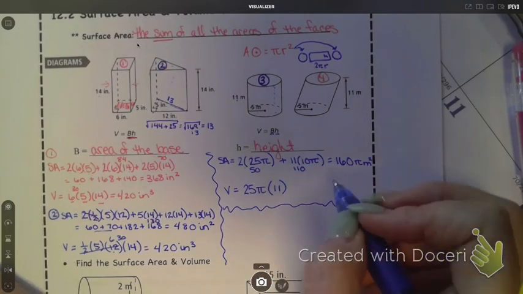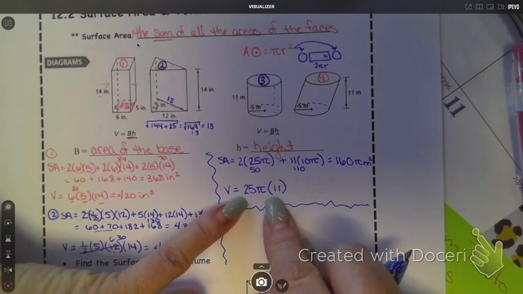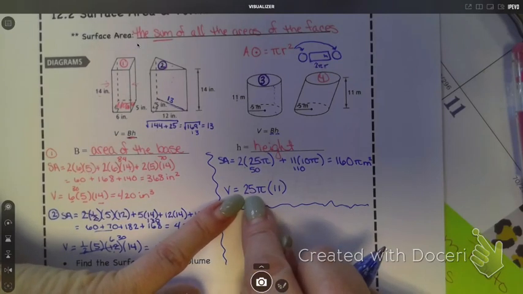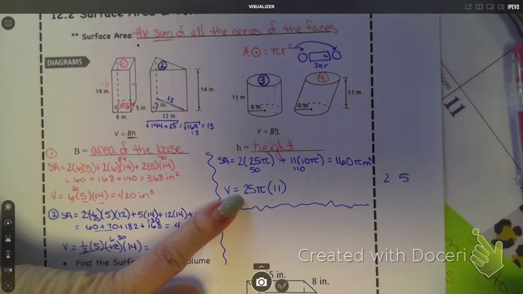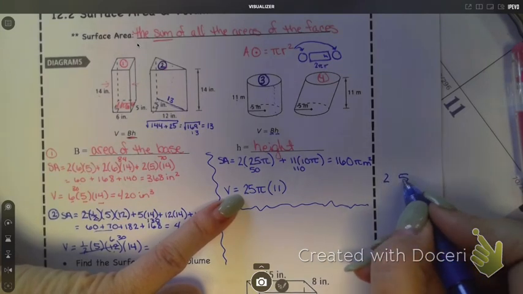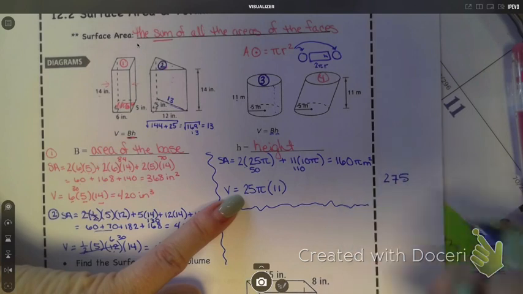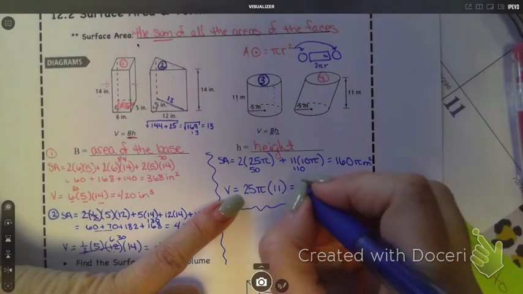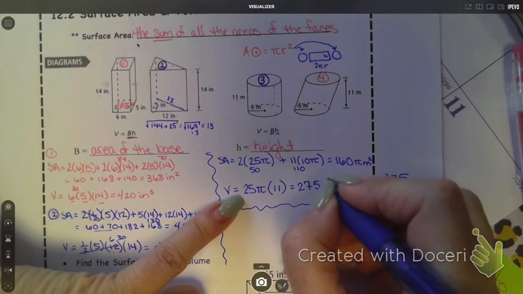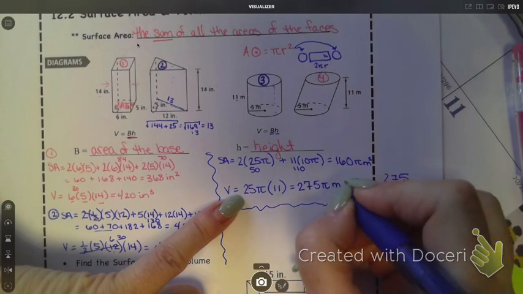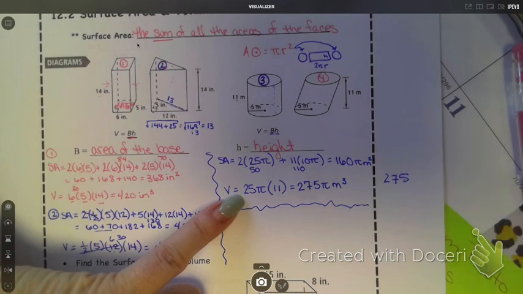And I'll show you the trick on multiplying any two-digit number by 11 again. Separate the two. So you have 2 and 5. And add them together. What's 2 plus 5? 7. So it's 275. So 275 pi meters cubed.